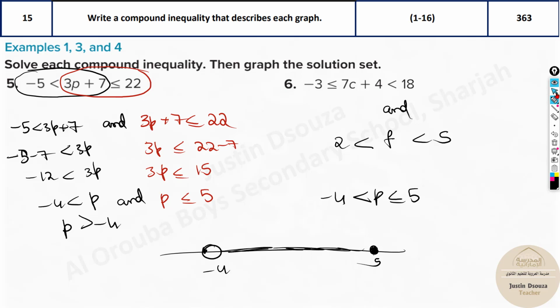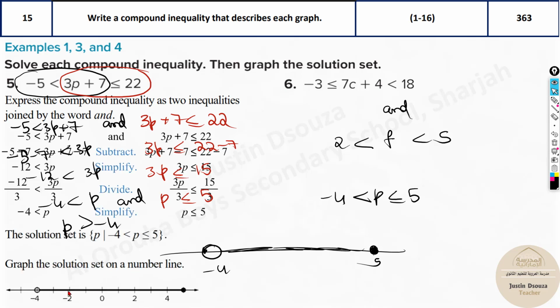We can see the answer graph, which will be more accurate. That's the answer. We got two answers, and when we write it together, you will get it. This is how we can easily solve it.